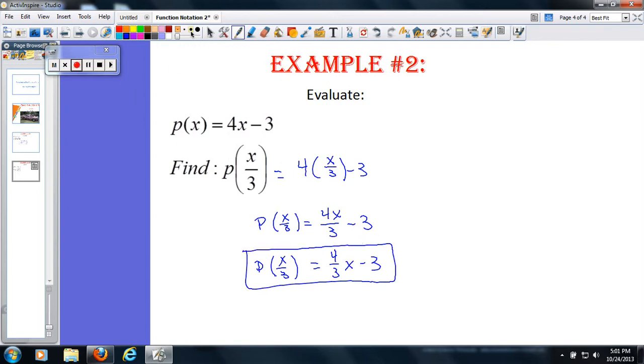Now, we're going to build on this when we actually get to composition of functions, because it is going to be a little bit different. But this is something that you need to understand how to do for when we do composition of functions as well.